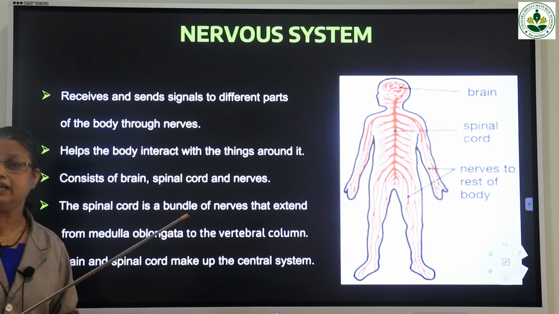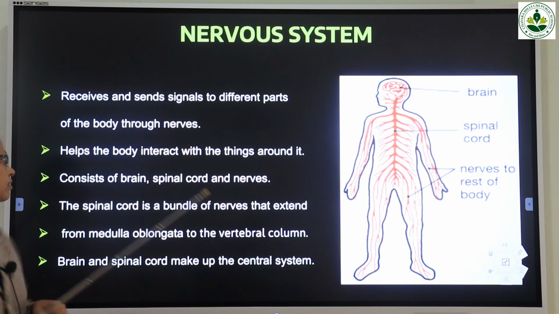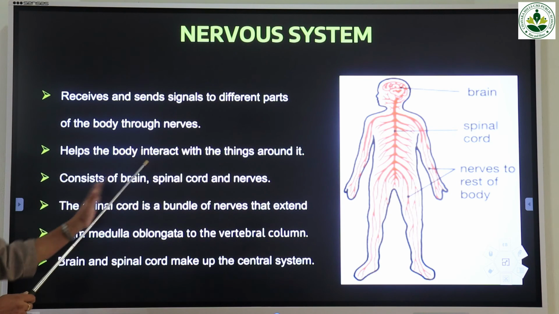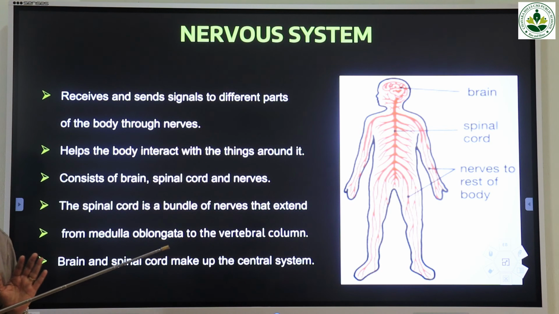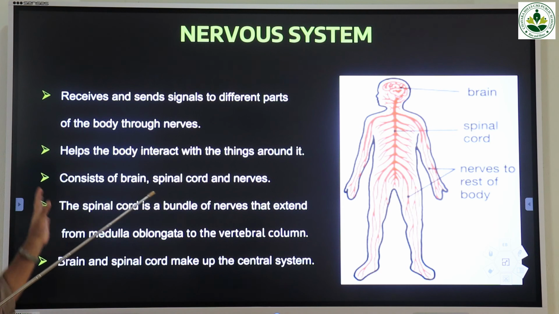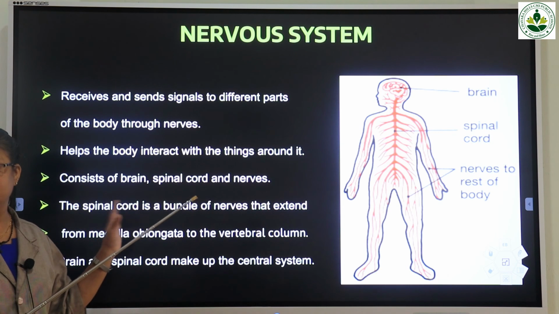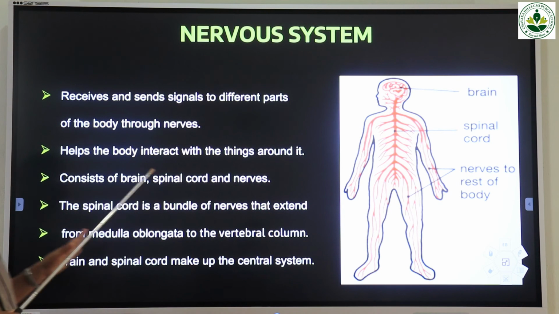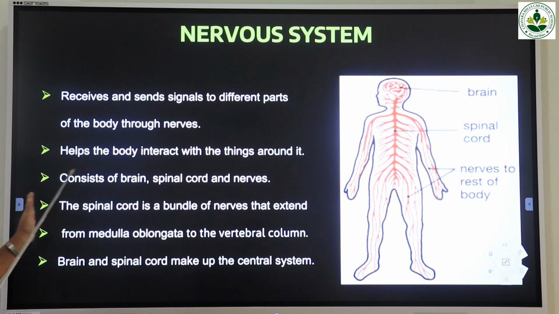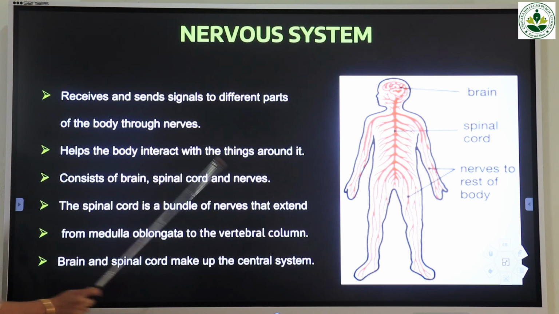Okay, according to that we do the actions. It helps the body interact with the things around it. So whatever is happening around us will be controlled by the nervous system, that is, by the brain. Okay, the nervous system consists of brain, spinal cord and nerves.